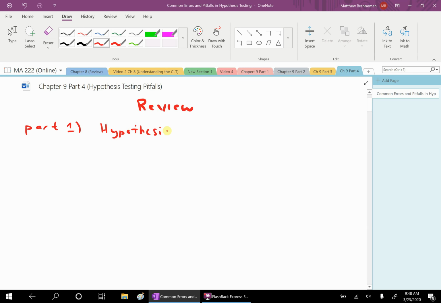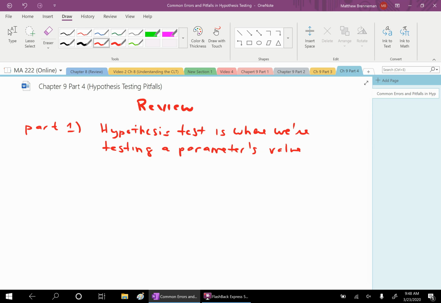So a hypothesis test is where we're testing a parameter's value. Now, we mentioned before in chapter 2 that a statistical question is always a question about the value of a parameter.